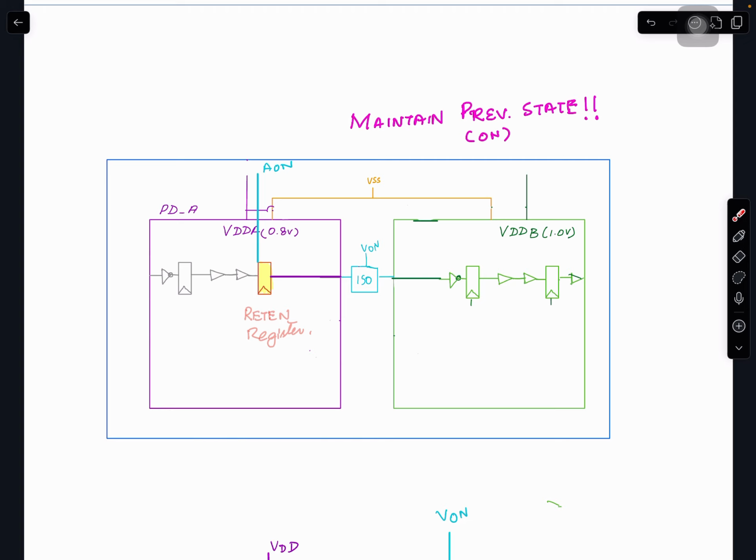If you turn this off, it will be 0 or 1, but it's not that it has to be 0 or 1; they really need to know the logic state. So for that reason, some cells need to retain their logic level from before they were shut off. That's where retention registers occur.